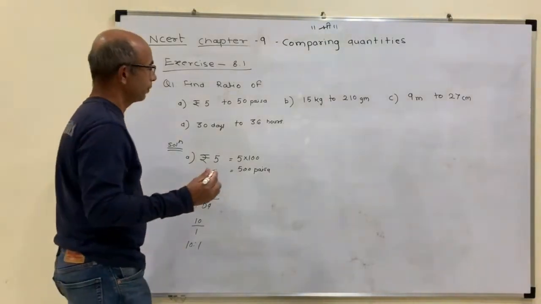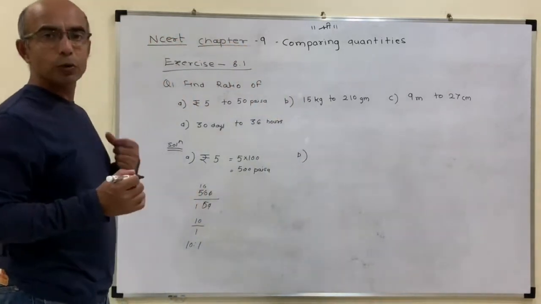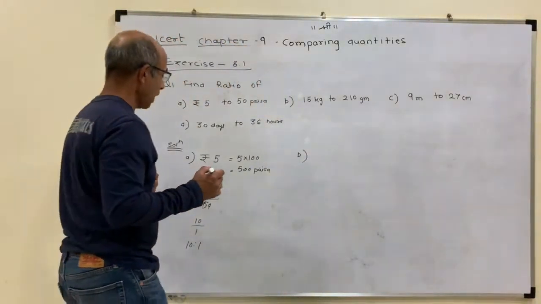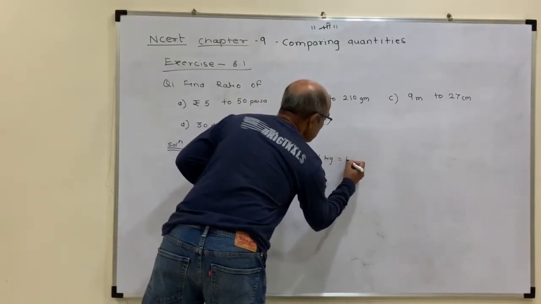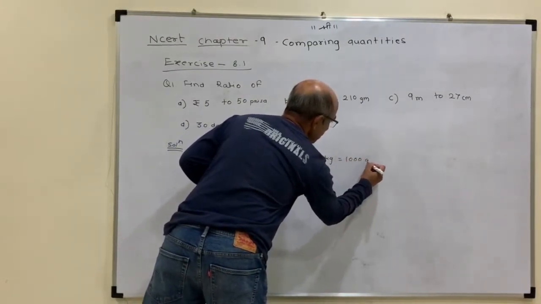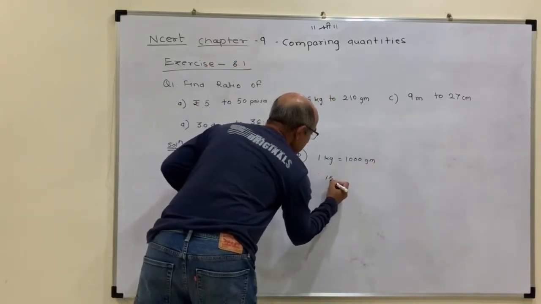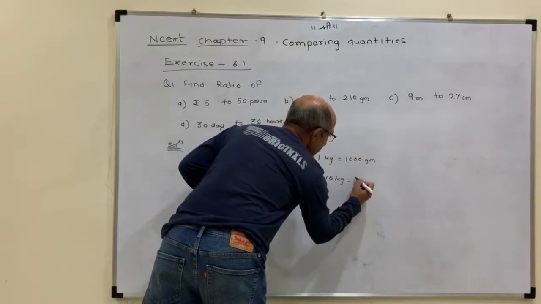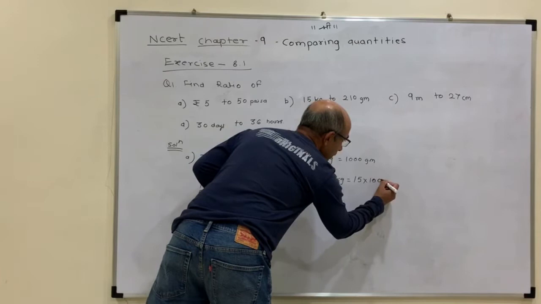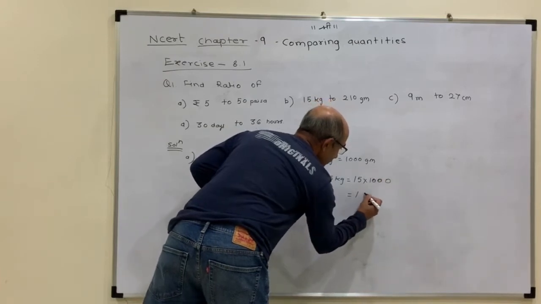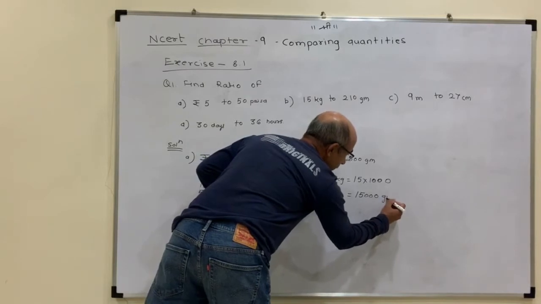Now in case of B, we have kilograms, 15 kg and 210 grams. 1 kg equals 1000 grams. Therefore 15 kg comes out to be 15 into 1000, that is 15,000 grams.